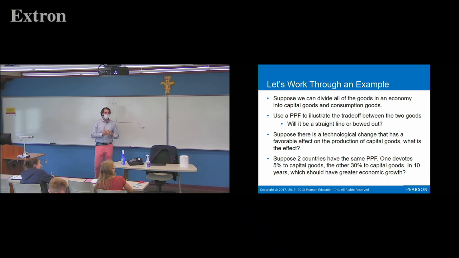I don't know. I feel like maybe you need more capital for you to consume goods, or... Okay. Do we have any other ideas? Straight. Why straight? It's like a direct relationship: as capital goods go up, consumer goods go up. Well, you wouldn't need a straight line for that relationship, even if it's curved, right?